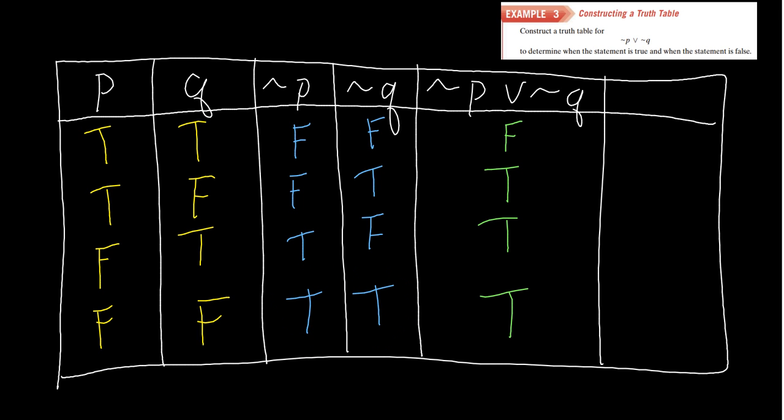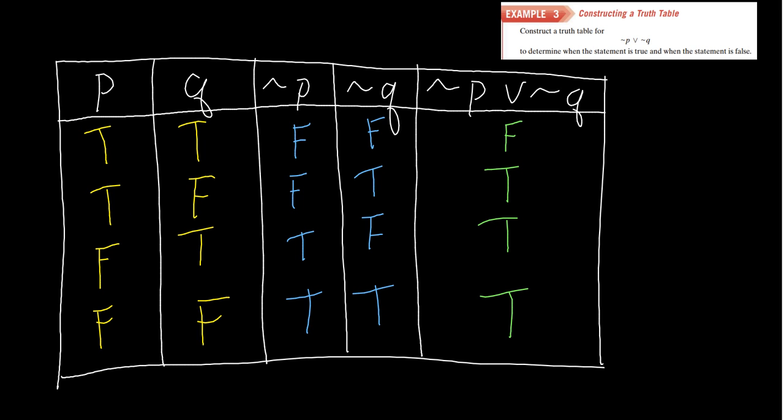All right. So we constructed our truth table. So now we can do some erasing here, and we can answer this question. The question being asked is to determine when the statement is true and when the statement is false. Alrighty. So the statement's going to be true whenever P is true and Q is false.